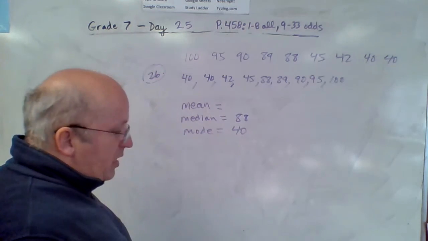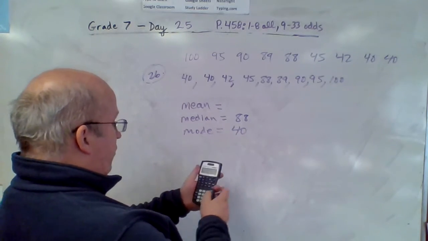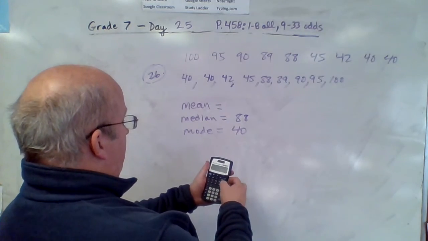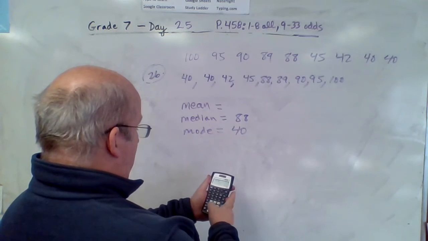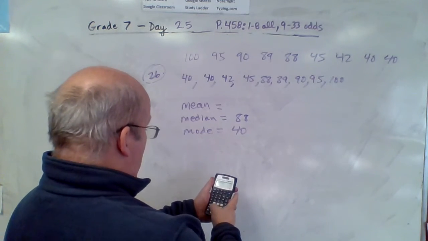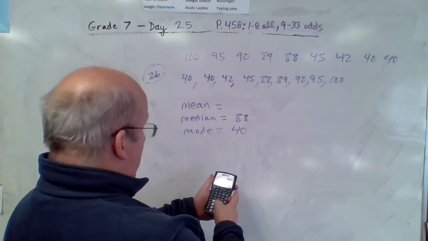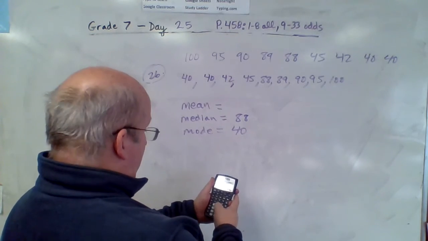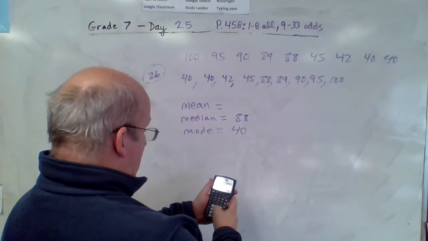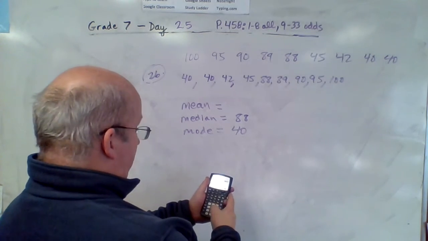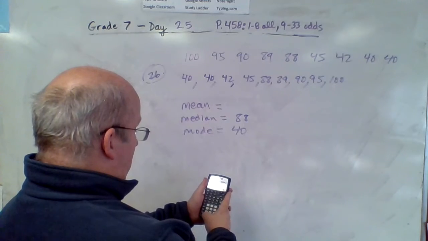Now I need to find the mean. How do I find the mean, also called the average? Well, we're going to add up all the numbers: 40 plus 40 plus 42 plus 45 plus 88 plus 89 plus 90 plus 95 plus 100.